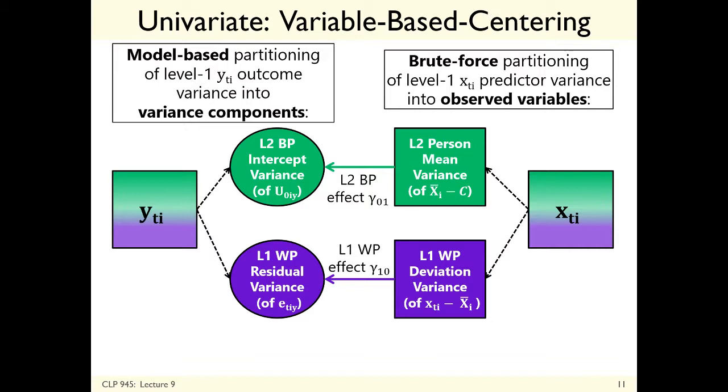Well, we're doing the same thing by brute force by making these observed predictors. Person mean is the analog to random intercept when the model finds random intercept for us. This within person X, where we've deviated each observation from the person's mean, is the analog to residual variance.